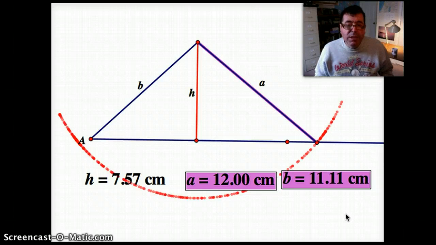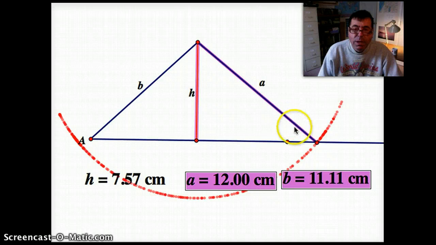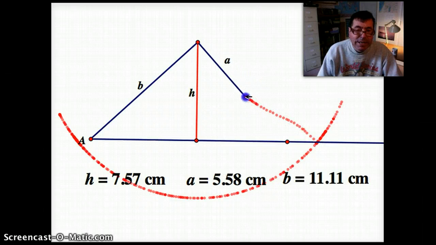I hope this explains how we do the law of sines when we have an ambiguous case. We have to figure out what h is, set up our triangle, and remember to compare a. Let's review. Whenever a is less than h, I have no triangle.